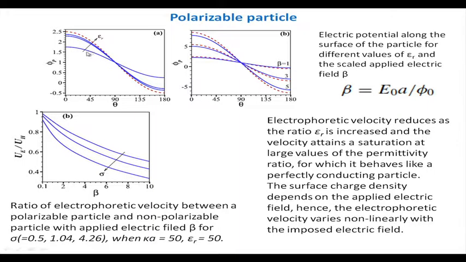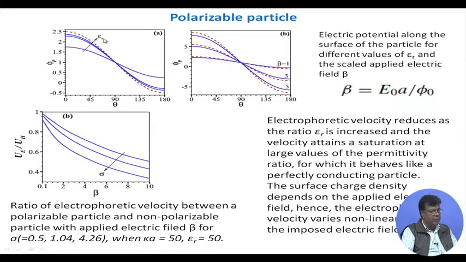What we find is that as epsilon r, the permittivity ratio, is increasing, the surface potential follows a nice sine curve, and it becomes independent of epsilon r beyond a certain value of epsilon r. That means the particle is behaving like a conducting particle.